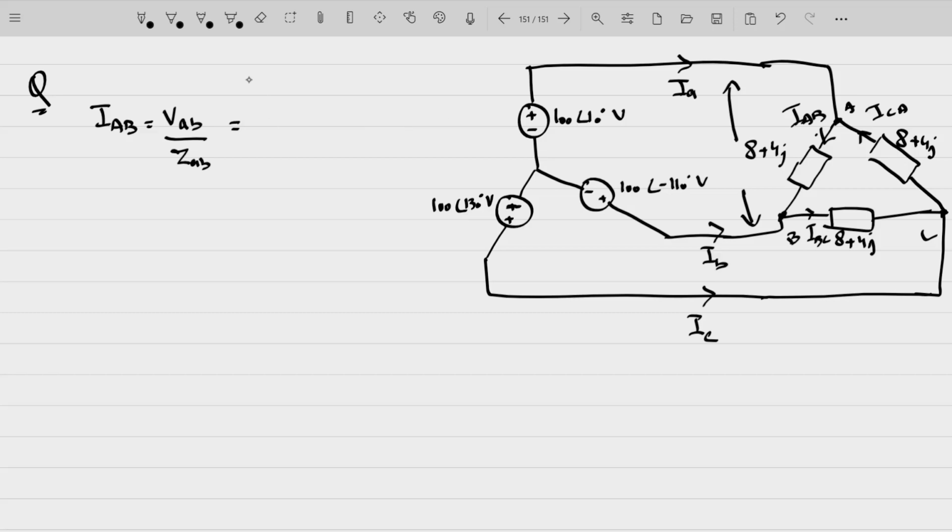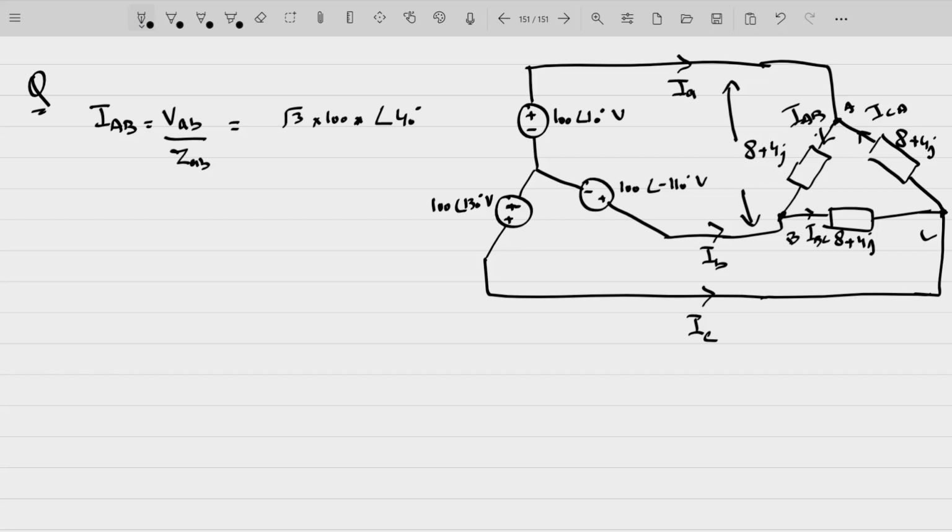VAB is root 3 times Vp, that is 100, and it is at an angle of 30 degrees when this particular angle is 0 degrees. So in this particular case it will be 40 degrees.